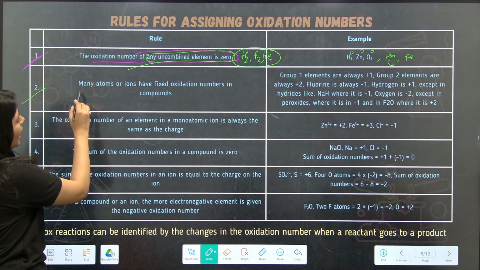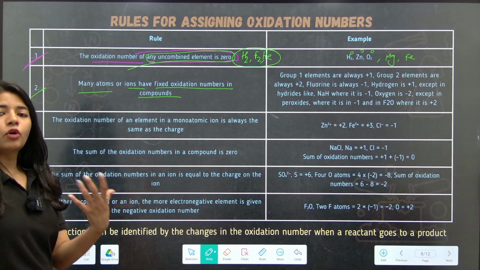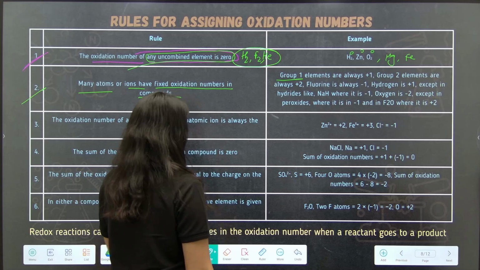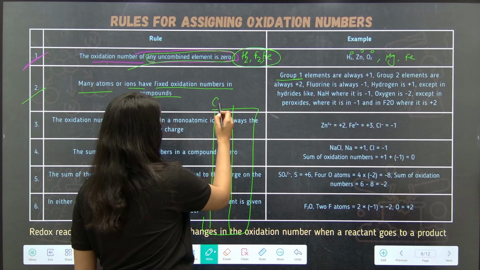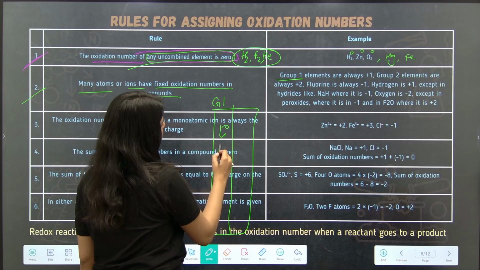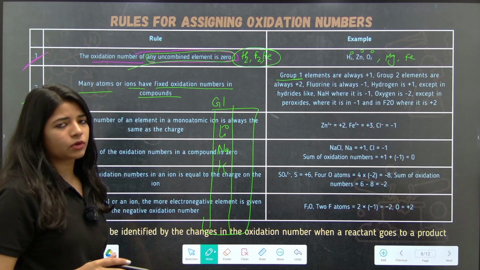Next is, many atoms or ions have fixed oxidation numbers in compounds. A few have fixed oxidation numbers, like for example group 1 elements. Which are your group 1 elements? This is your s block, these are your group 1 elements, wherein lithium, sodium, potassium and all are present.